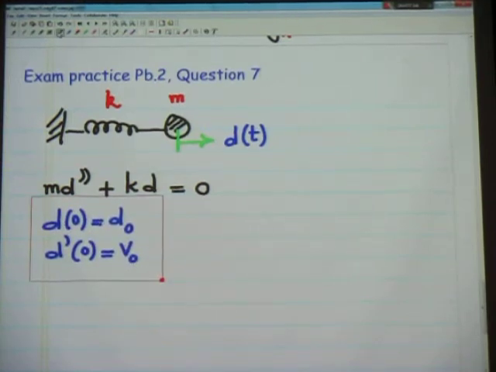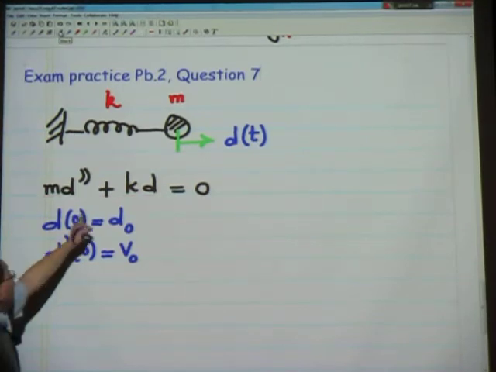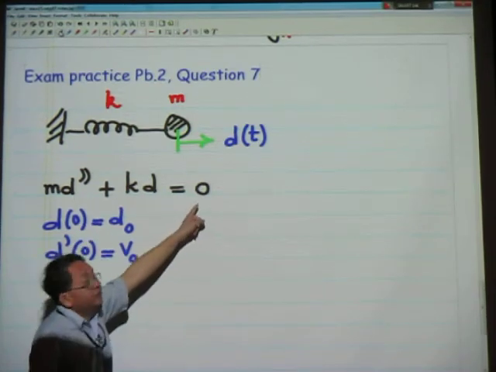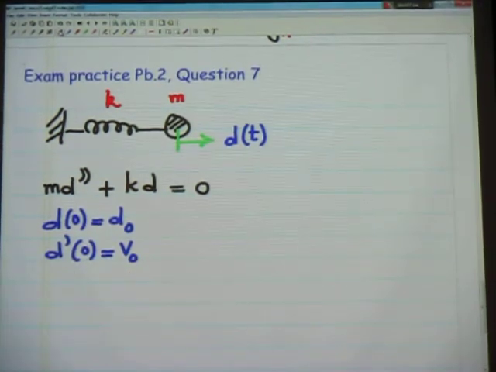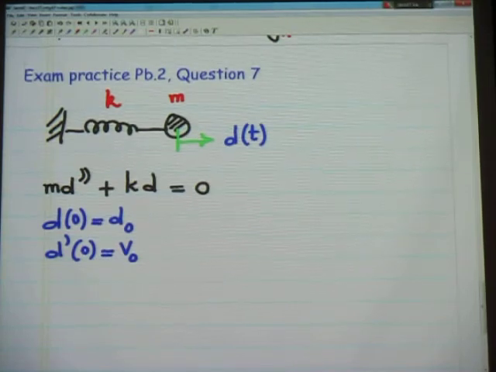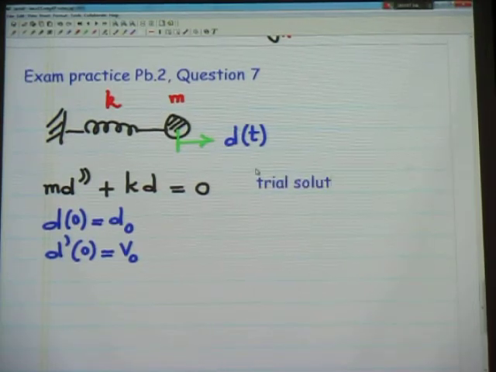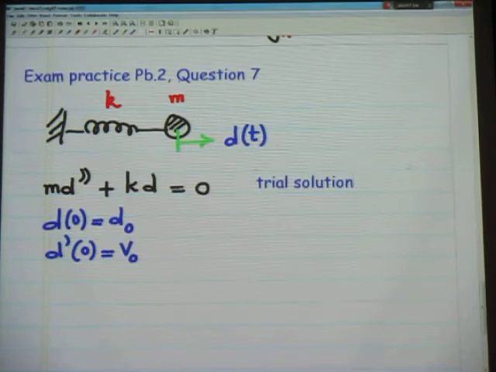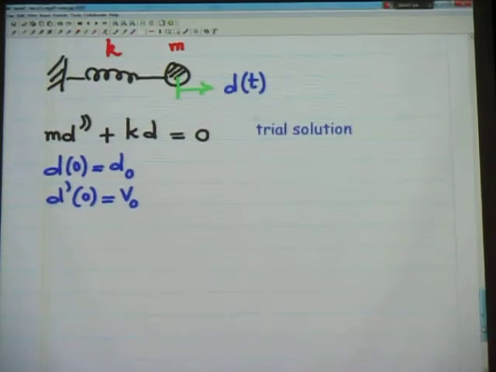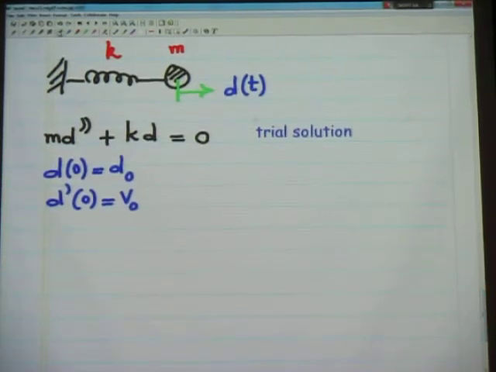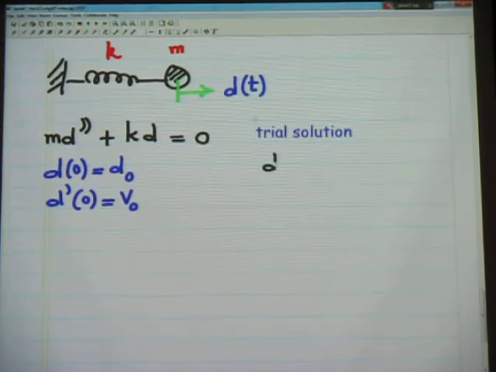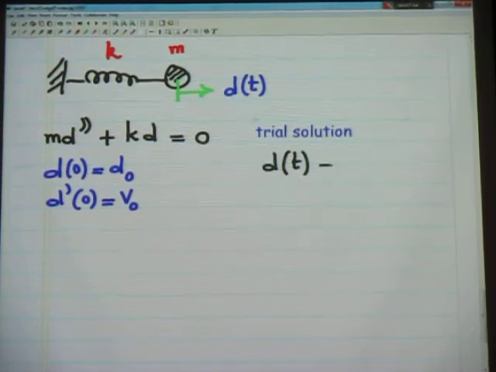To solve this problem, this is a homogeneous second order differential equation. So the trial solution, let me note down here, is of the form that Euler gave to us: d equal to e to the lambda t.